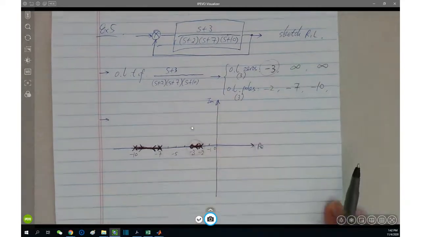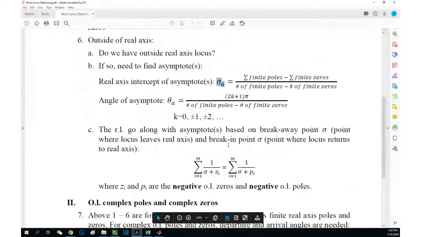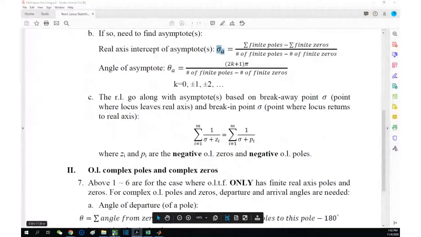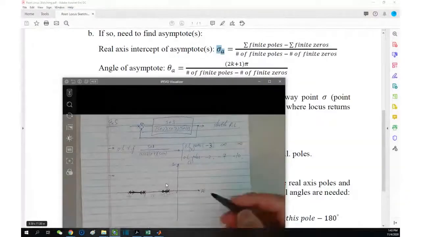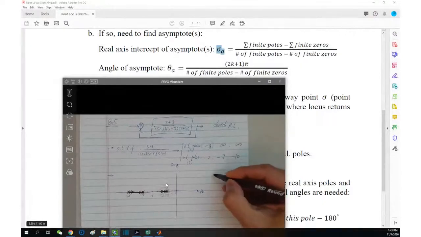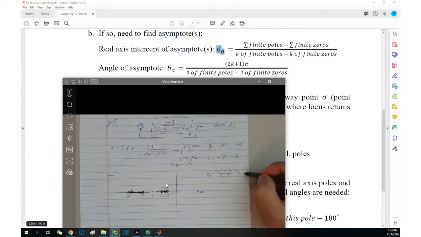But anyways, the equation is what? Here's the formula. If you're writing the equation here, sigma A equals what? The denominator is 3 minus 1, right? The numerator is -2, -7, -10 minus -3, which equals -8.